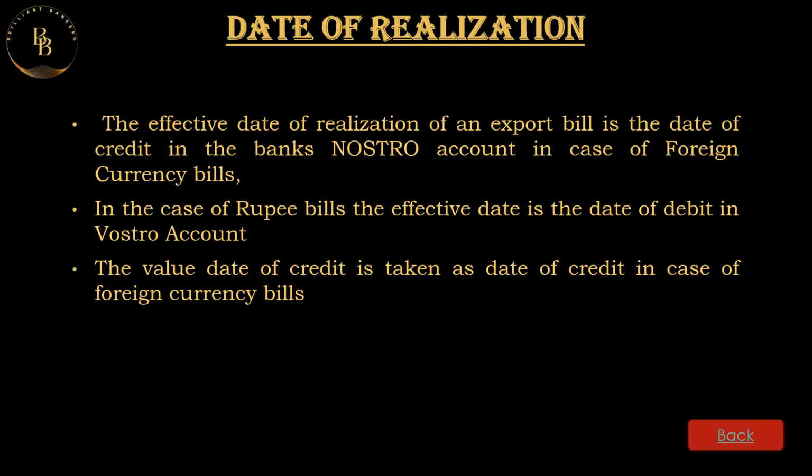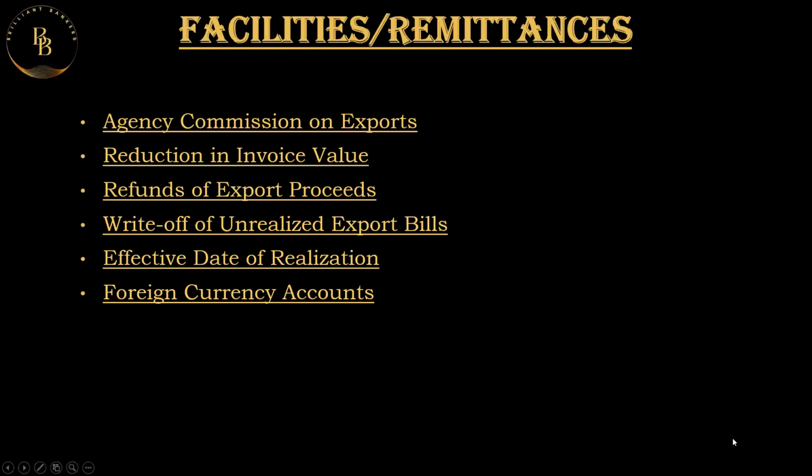As such, in case of foreign currency bills, the value date of credit is taken as the date of credit, and interest charge up to this date on advance is allowed against the particular export bill.